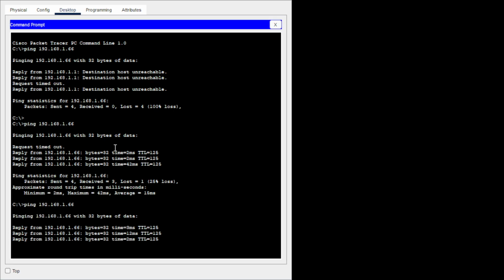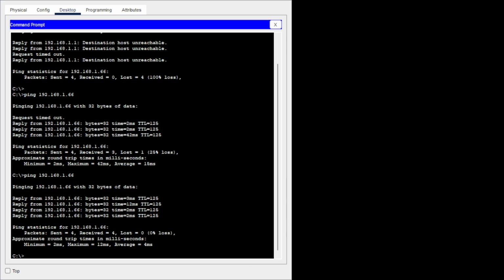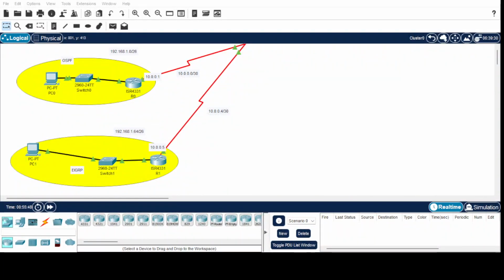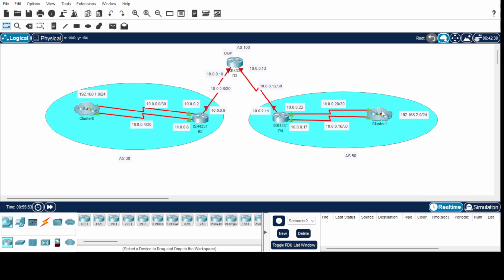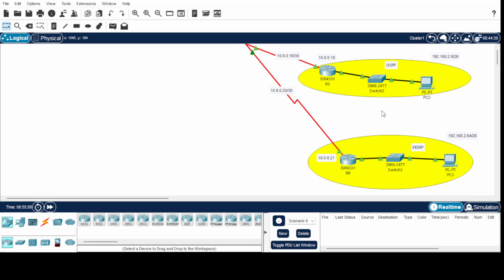Okay, so the same thing we have to do in cluster number 1. Here in cluster 1, I think I have already defined the local routing protocol.